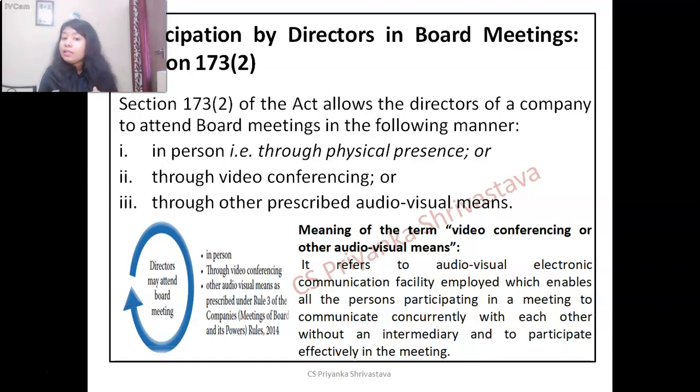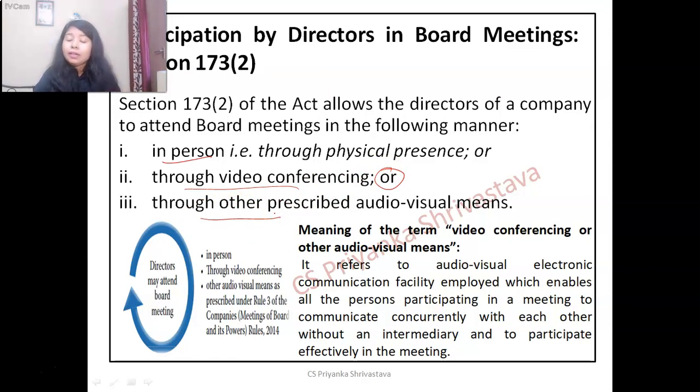Okay. So 173 says basically a director may attend the board meeting in person, that is physically they can go wherever the meeting is conducted. Mostly it is conducted at the registered office of the company, or they can attend through video conferencing, like a video call, or through other prescribed audio visual means.